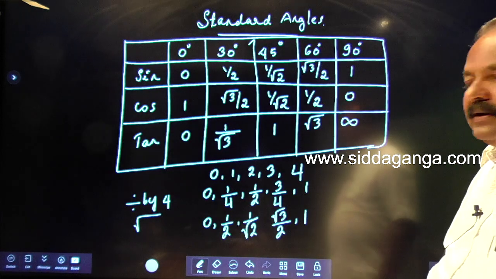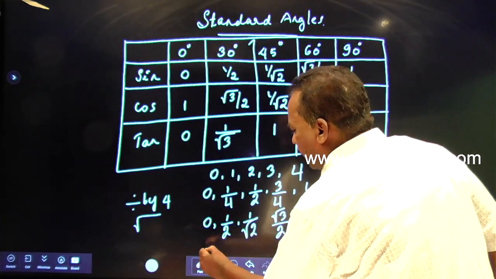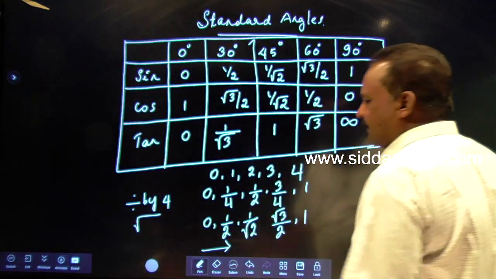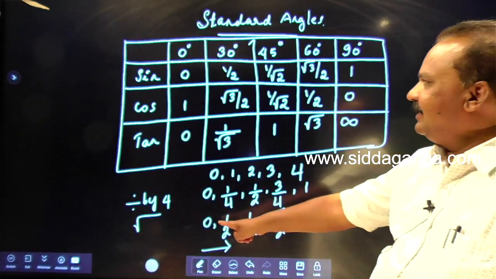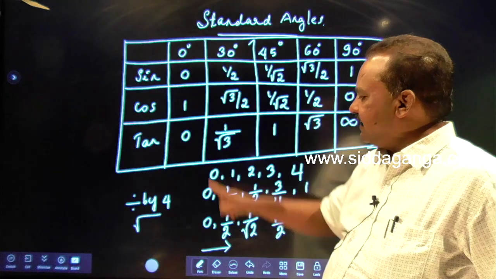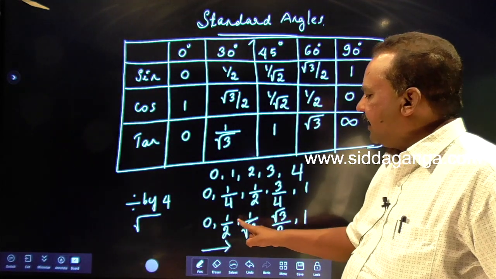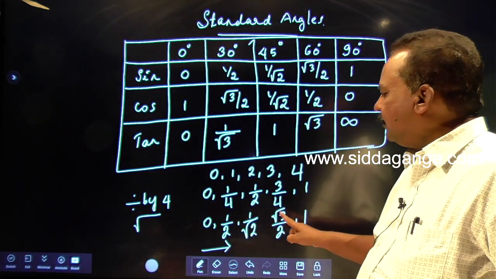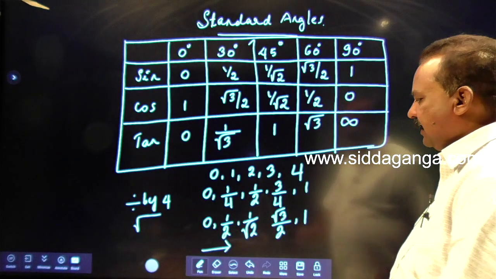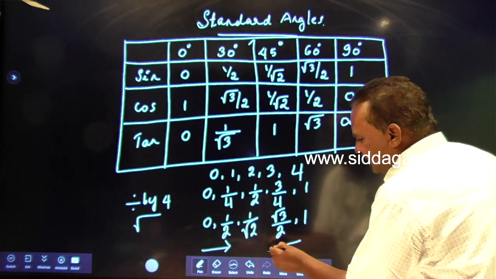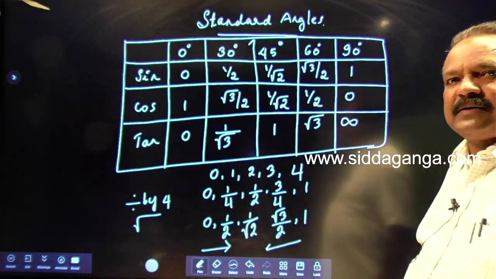If you read in the forward direction, you get the sine values. Sin 0 is 0, sin 30 is 1 by 2, sin 45 is 1 by root 2, sin 60 is root 3 by 2, sin 90 is 1. If you read from the backward direction, you get the values of cos function.